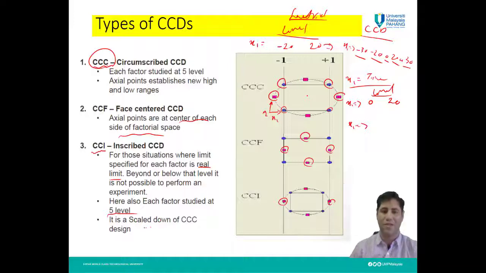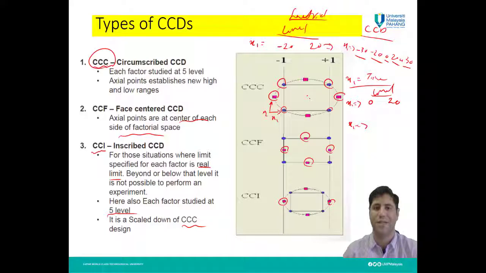Actually it is a scale down of the CCC design. If you compare them, you can see that this is a scale down of that. The structure is the same, only the space covered in the design space by this design is smaller than what we have for the CCC design.